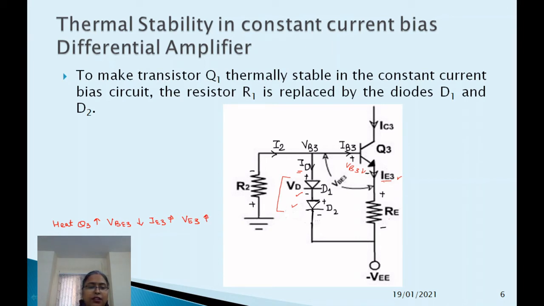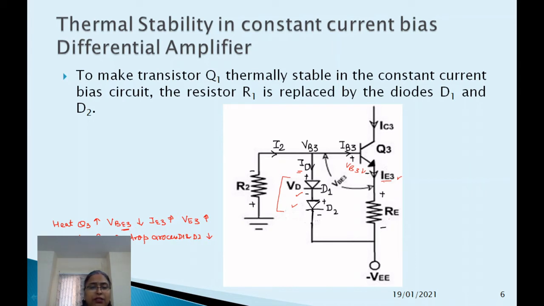As a result, the voltage drop across RE will increase. Now, the effect of heat or temperature on these two diodes is similar to the transistor Q3. So the drop across D1 and D2 will also decrease.